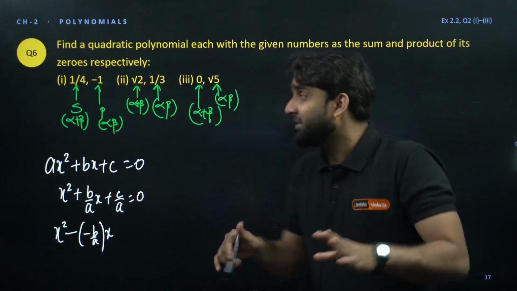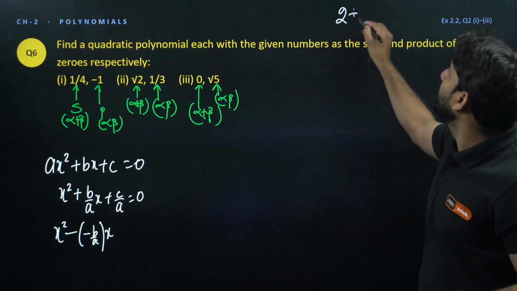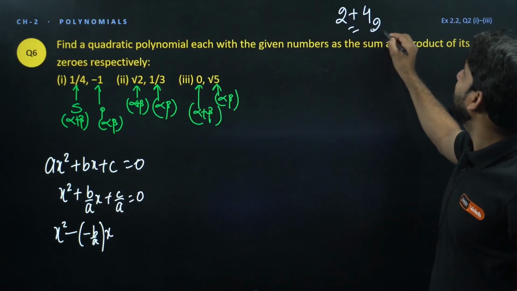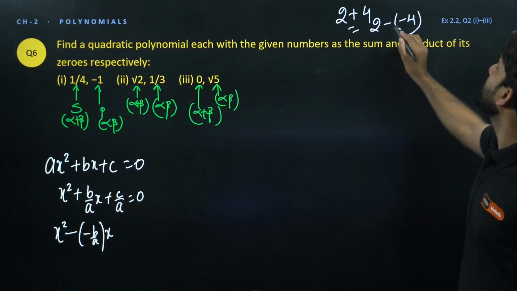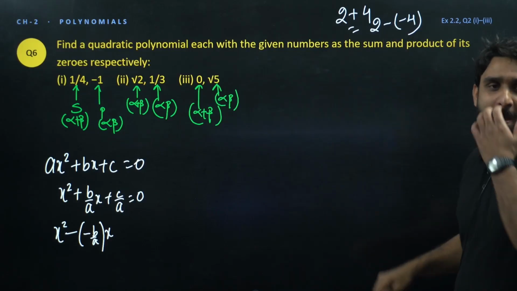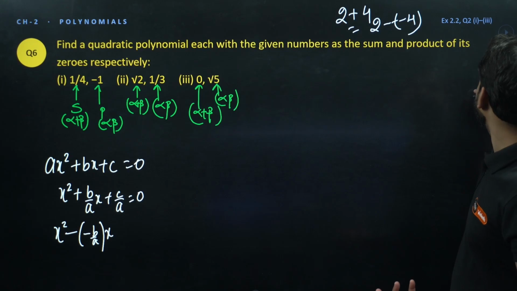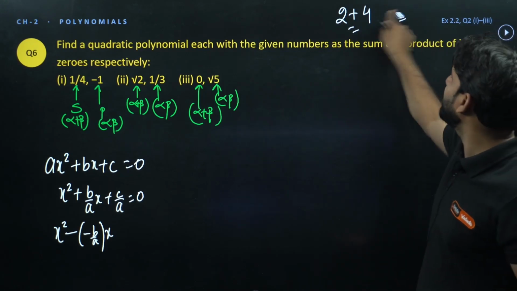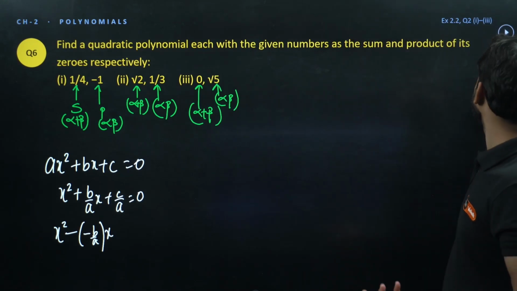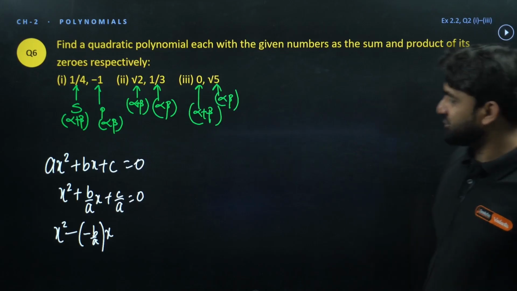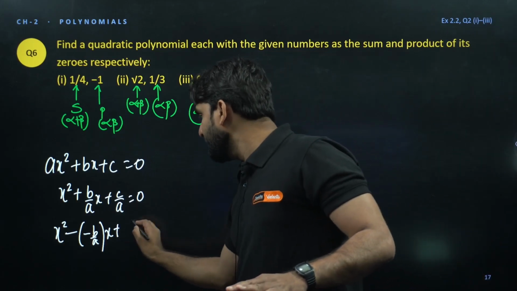Yes, do you agree? For example, this is 2 plus 4. So can I write this as 2 minus minus 4? Both are same, because minus minus is indirectly plus, right? So that's why I have written it there. You might be wondering, sir, why are we doing this? Why are you making such a modification there? Just wait. Everything will be cleared.